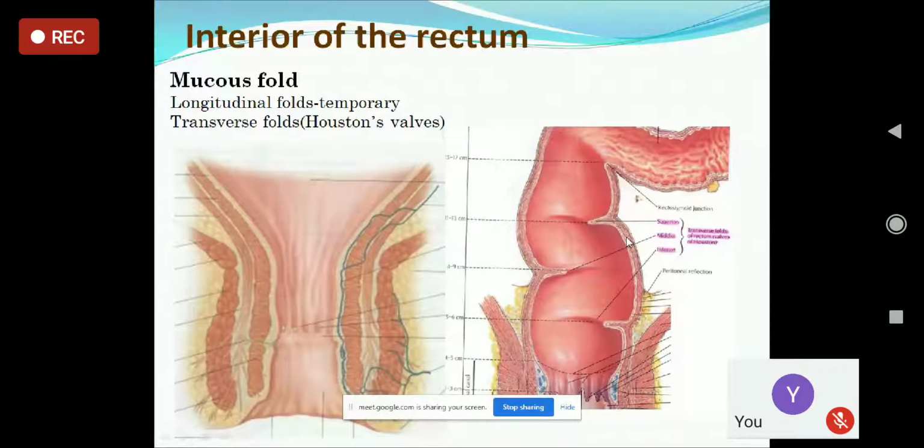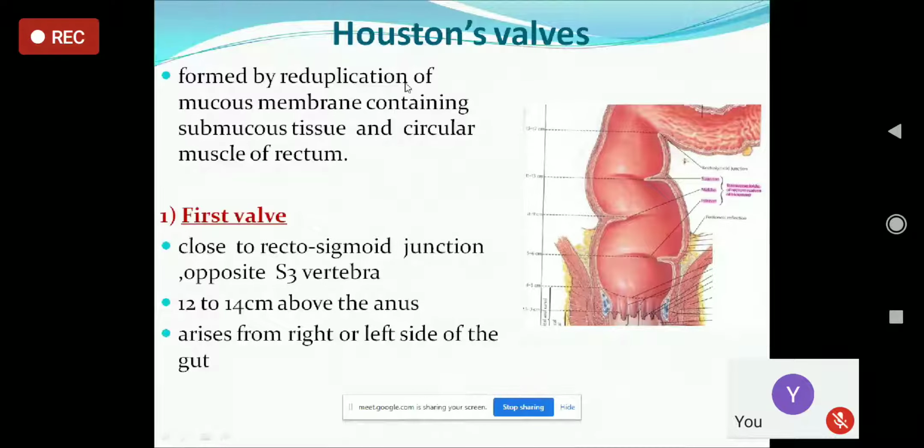So what is the Houston valve? Look at here. It is formed by the reduplication of mucous membrane containing submucous tissue and the circular muscle of the rectum. So this is the permanent valve, known as the Houston valve. There are three valves. Look at it. This is the first valve.